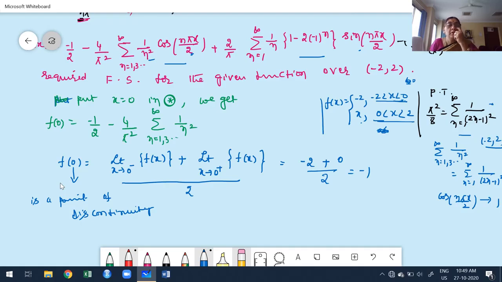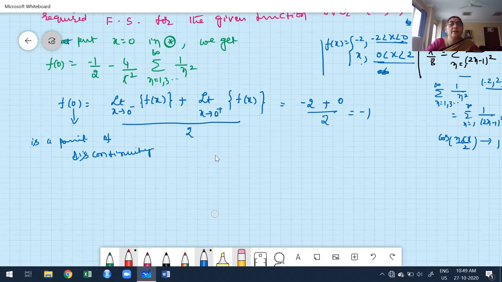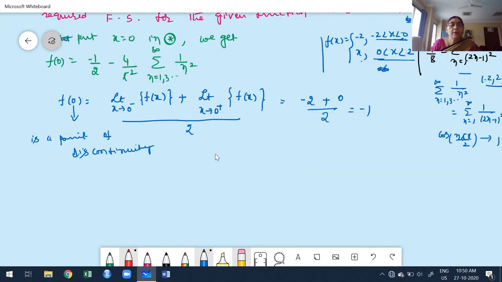Okay. Now, once we get the value, I have to proceed to the next step. The final value is minus 1. Now I have to shift the minus sign to the left hand side. What you get is plus of, must be equal to minus 4 by pi square of.